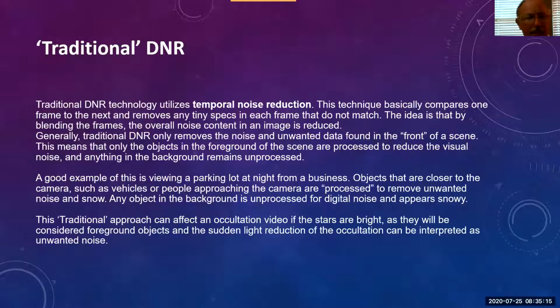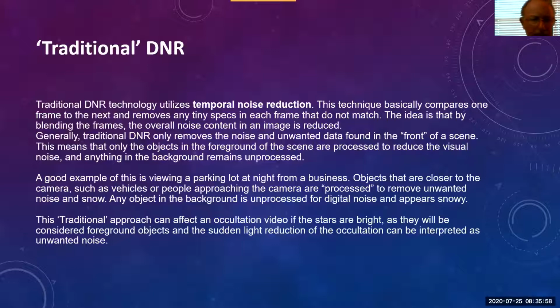The idea is that you can blend frames together and then reduce the overall noise content. Generally, the traditional DNR only removes the noise and unwanted data found in the front of the scene, meaning the brighter parts of the scene, and the objects in the background are processed to reduce the visual noise, and anything in the background remains unprocessed. Part of the problem is that our videos are of faint stars, and so that stuff appears in the background and it can be effective.